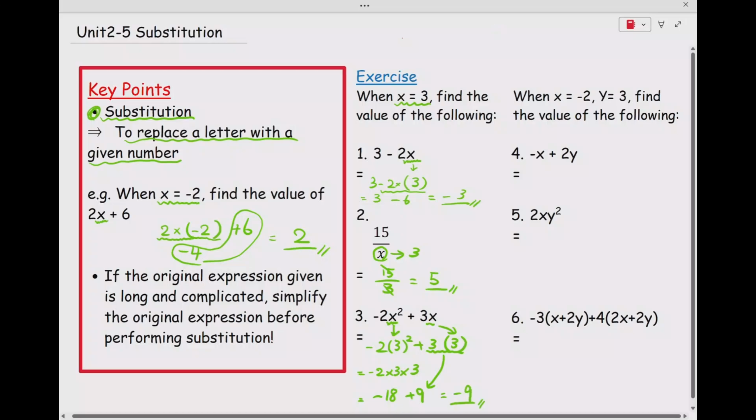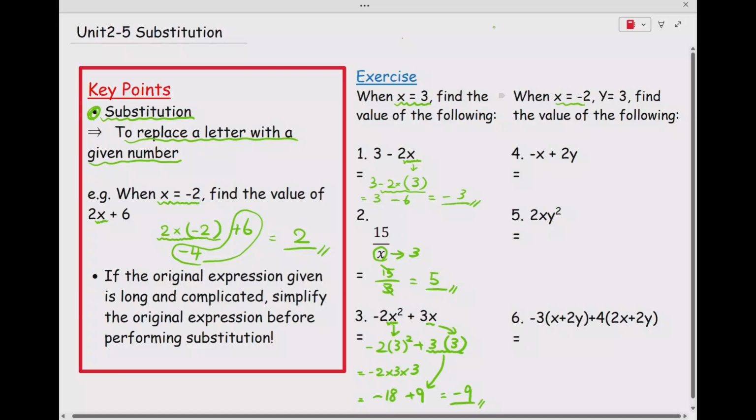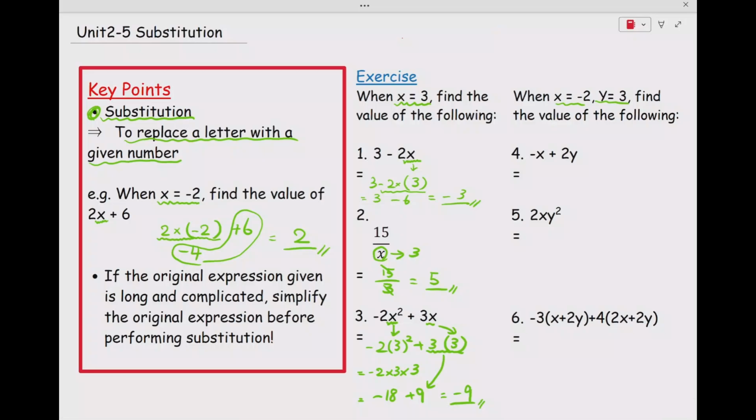Okay, next. When x equals minus 2, y equals 3, find the value of the following expression. Number 1. Minus x plus 2y. The key to this question is that the approach is exactly the same, no matter how many letters need to be replaced. All you have to do is to replace the given number with the corresponding letter.